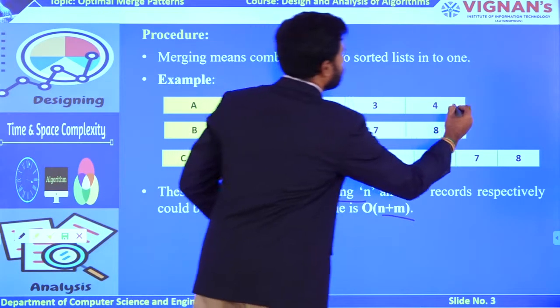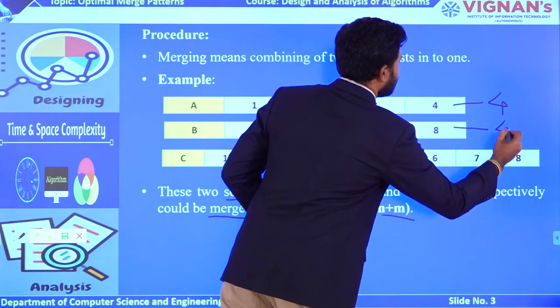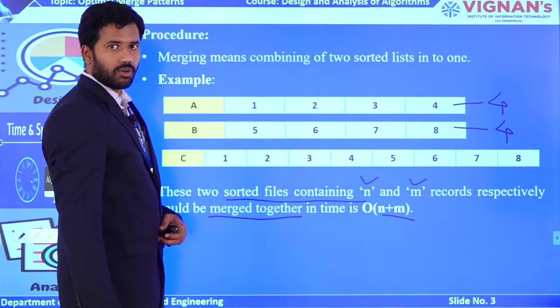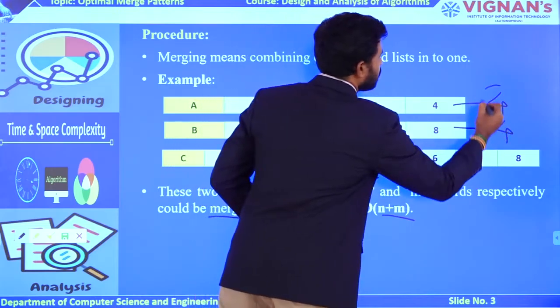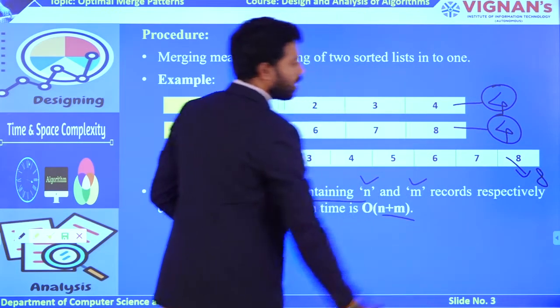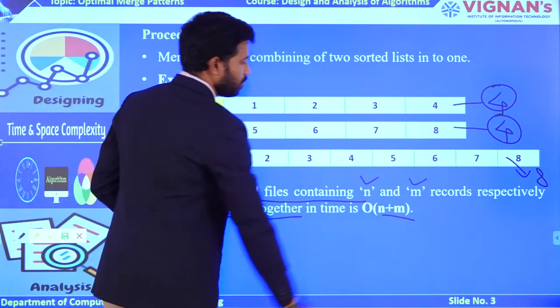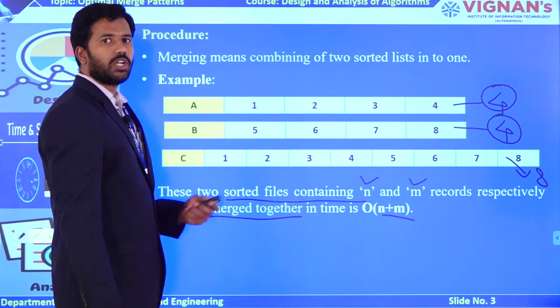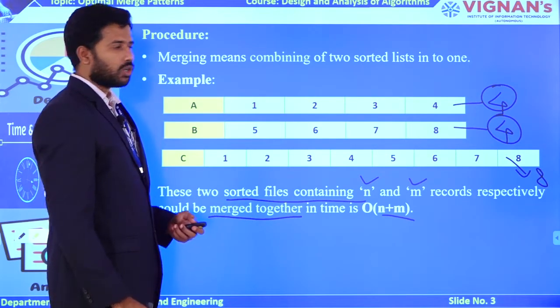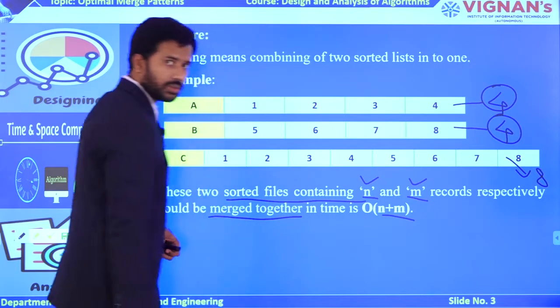Like in the previous example, the first input array has 4 elements and the second has 4 elements, so after merging, the output array must hold 8 memory locations. That is n plus m, which is the time complexity to merge n records and m records.